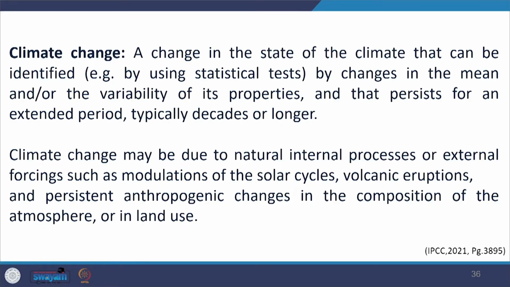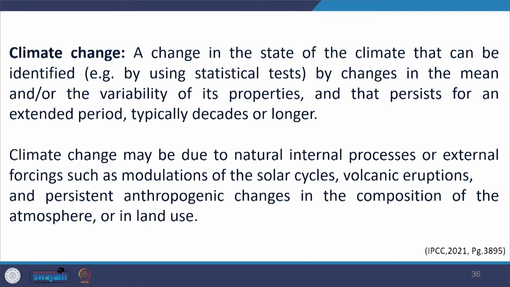Climate change is a change in the state of the climate. So we saw what climate means, and then how the state of that climate changes, and that can be identified by the medium of statistical tests. So we describe it statistically, and we would see how those variations are happening.